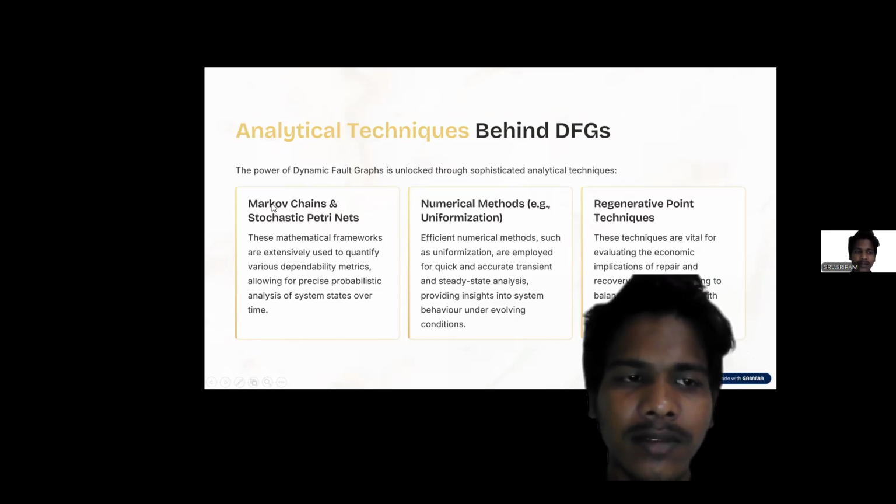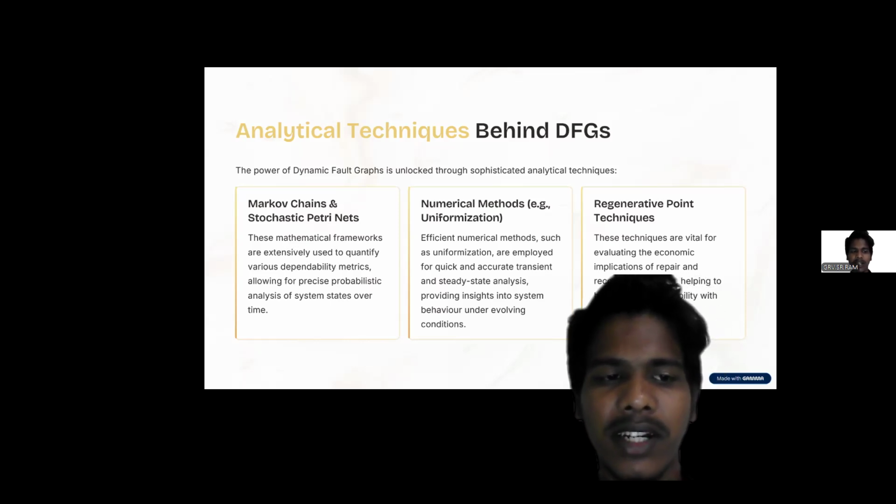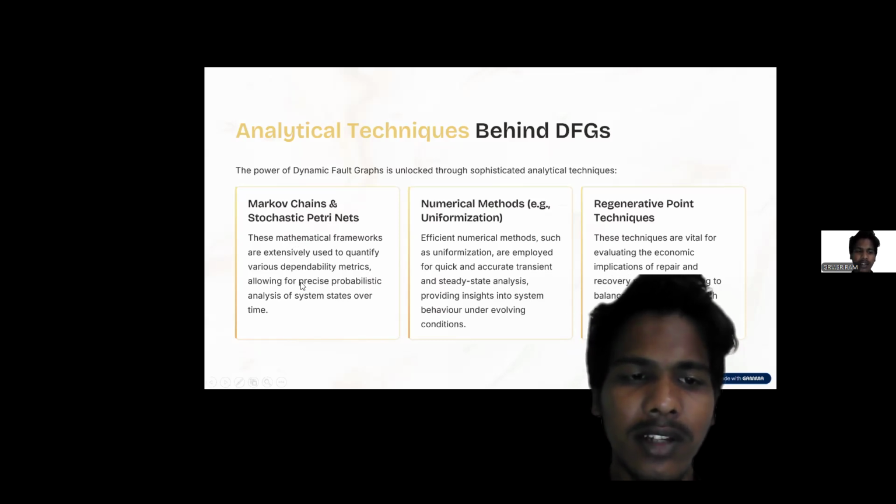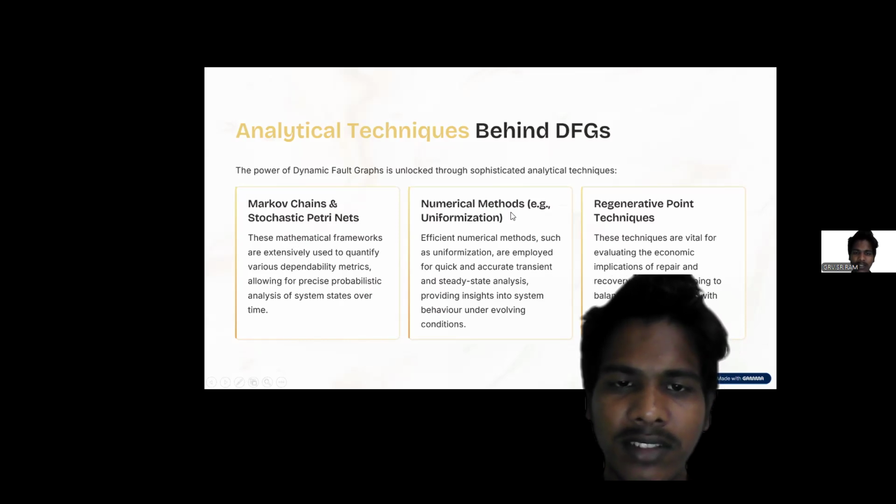Here, first, Markov chains and Petri nets. These mathematical frameworks are extensively used to quantify various dependability metrics, allowing for precise probabilistic analysis of system states over time.